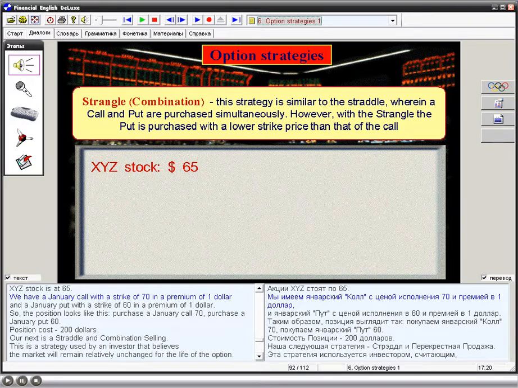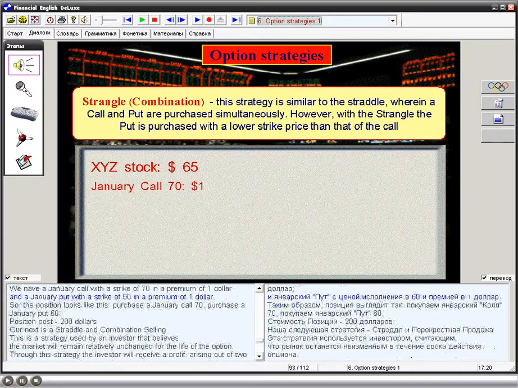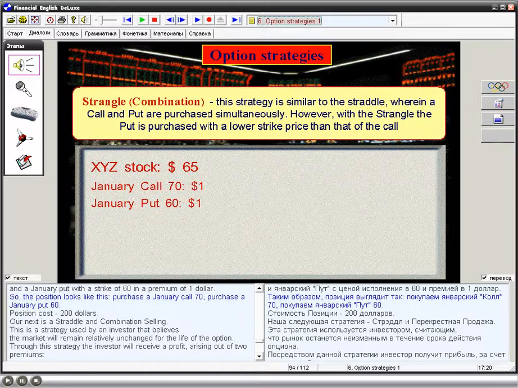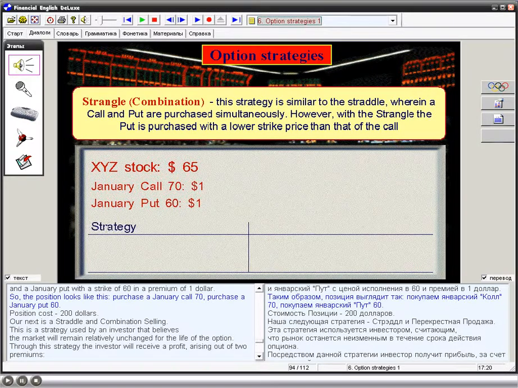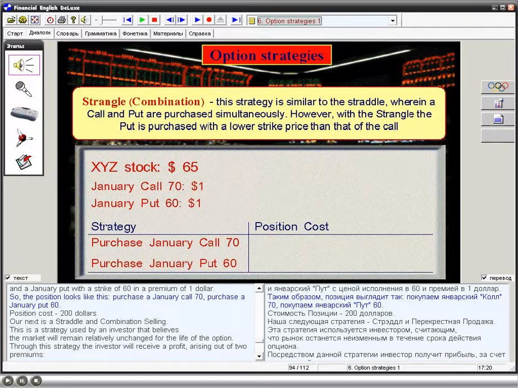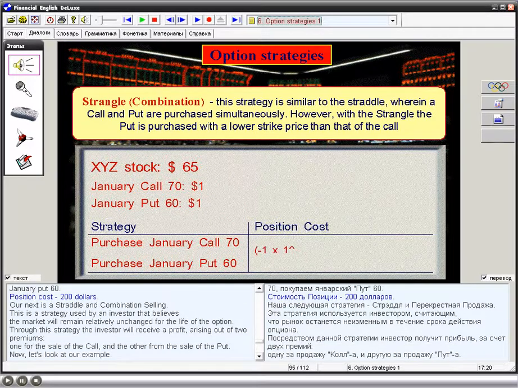XYZ stock is at 65. We have a January call with a strike of 70 and a premium of $1, and a January put with a strike of 60 and a premium of $1. So the position looks like this. Purchase a January call 70, purchase a January put 60. Position cost, $200.